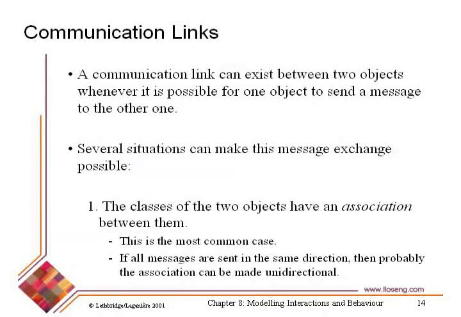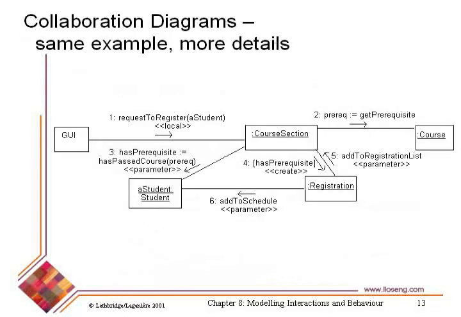For example, going back to slide 13 for a second, message 2 says colon equals get prerequisite. It doesn't say angle bracket, association, close angle bracket, because that's the default. If there's an association, as there is between course section and course, we don't have to say that explicitly. That's already been set up. That's the normal case.